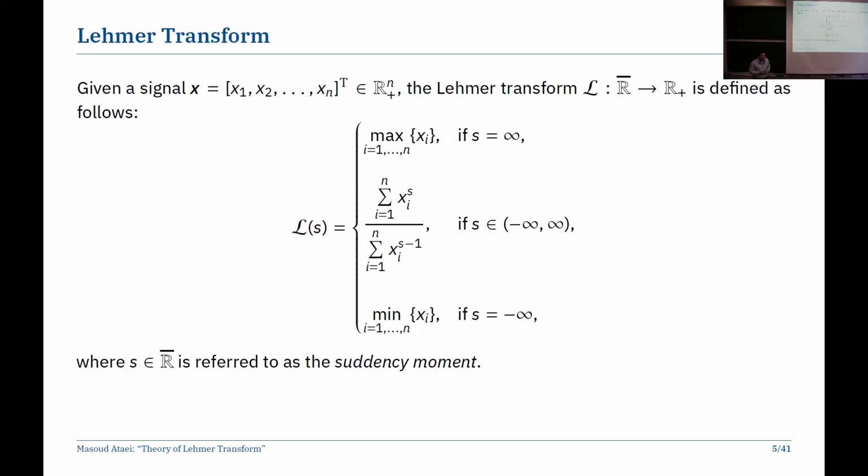For the intermediate values of the S moment, one interpolates between these extremes. So instead of selecting a statistic upfront, we generate a whole continuum by sweeping across these suddency moments. This turns out to be highly useful when it comes to capturing both fine and coarse patterns from the data.